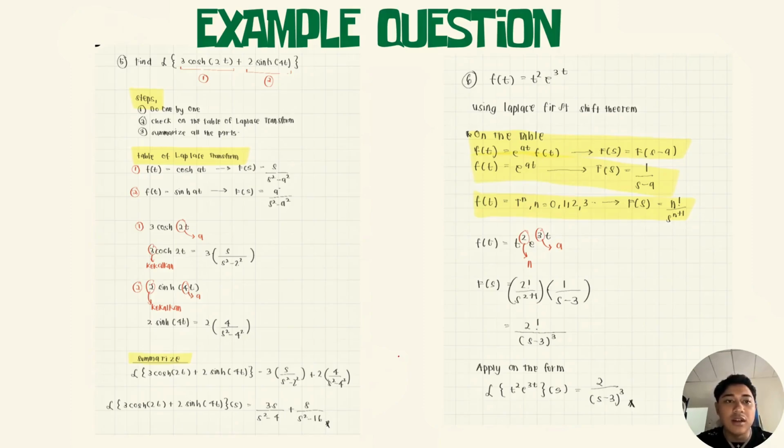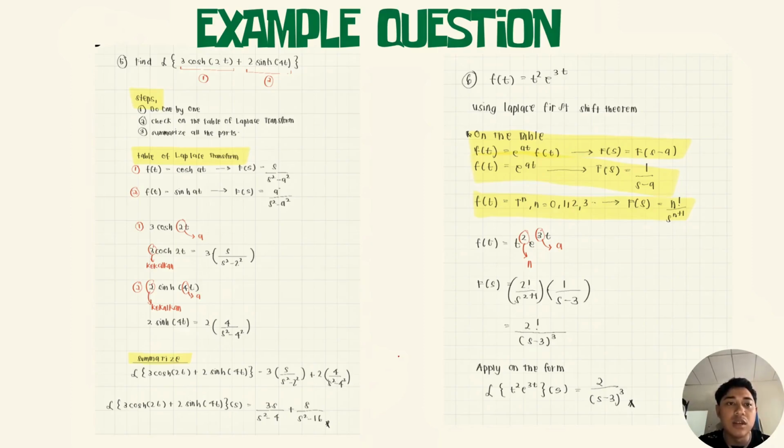So step 3 is to summarize all the parts. The final answer in this equation is 3s over s squared minus 1 plus 8 over s squared minus 16.